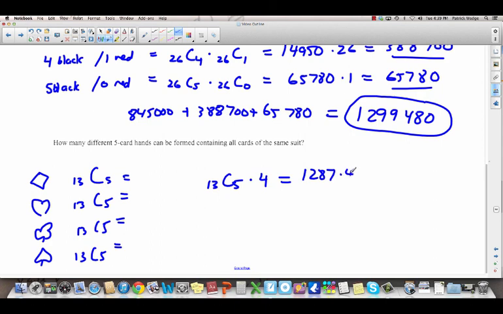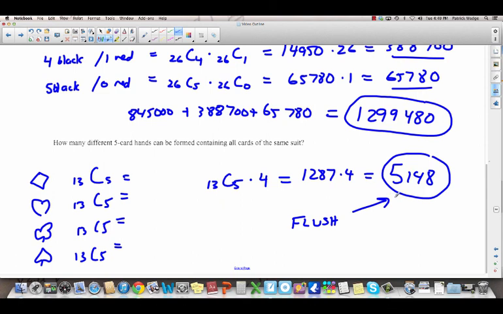You multiply it by 4, and you get 5,148. By the way, in poker, if any of you play or are interested in poker, this is called a flush. When you get all 5 cards that are the same suit, it's pretty rare. It's only about 5,000 hands out of the millions of hands possible in poker.